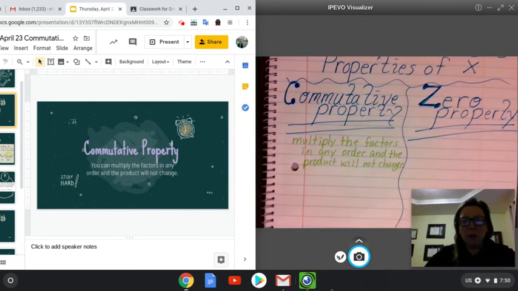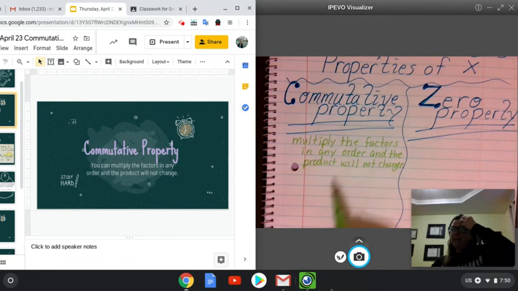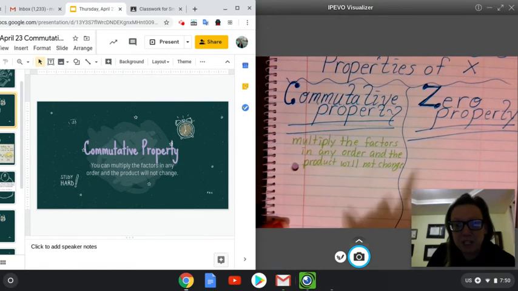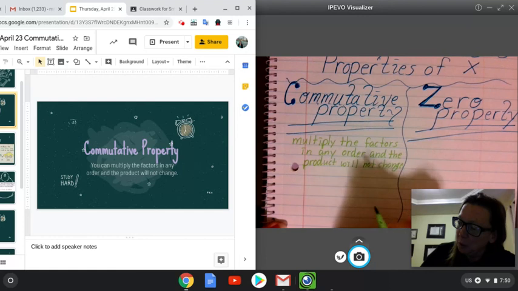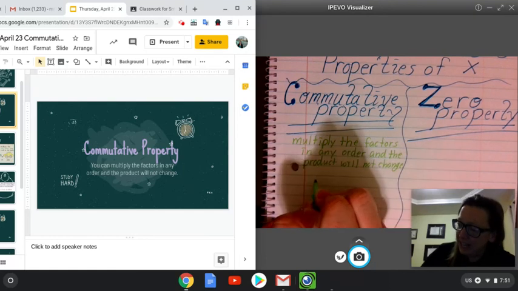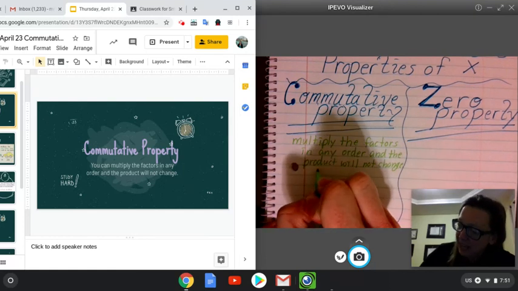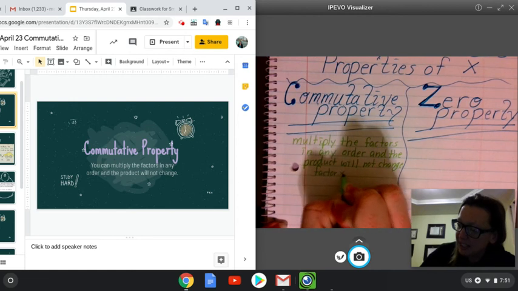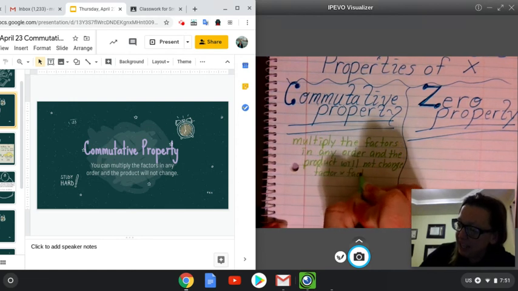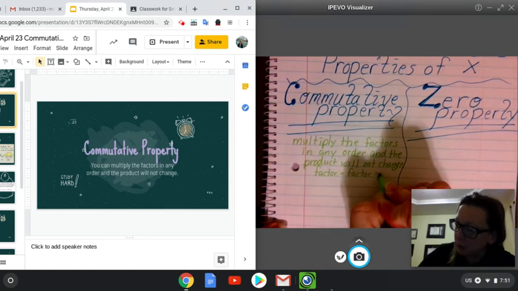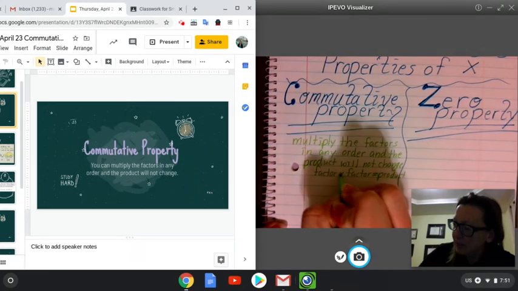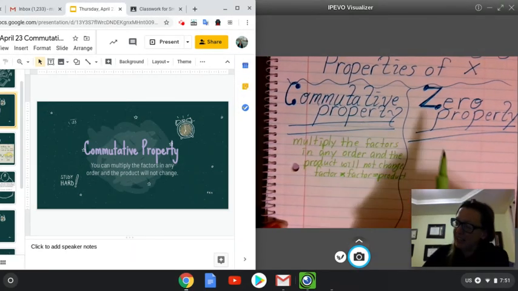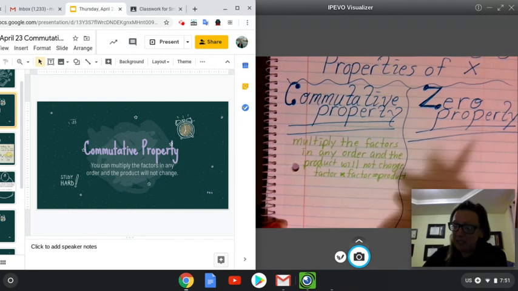So remember, let's look at that. How would that look in an expression? Multiply the factors in any order. So we already know that a factor times a factor equals the product. And they're saying that it doesn't matter what order these are in.